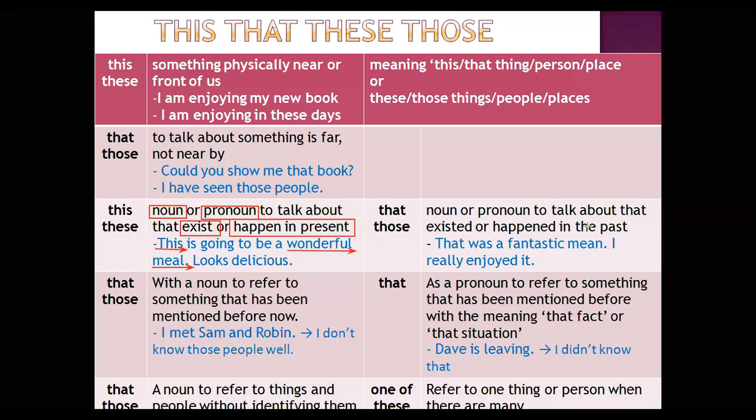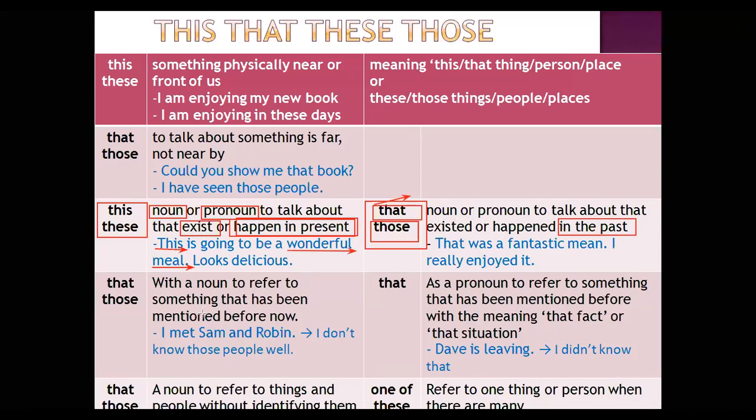If something happened in the past, or existed in the past, we're going to use that and those. But if something exists now, related to the present time, we're going to use this or these.